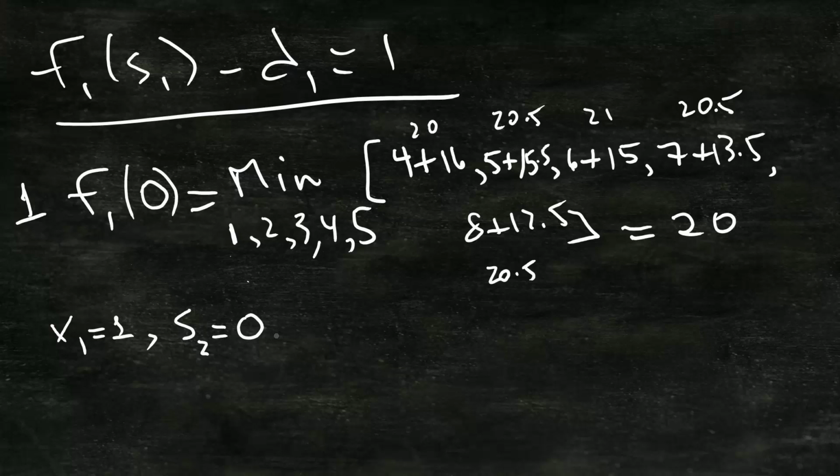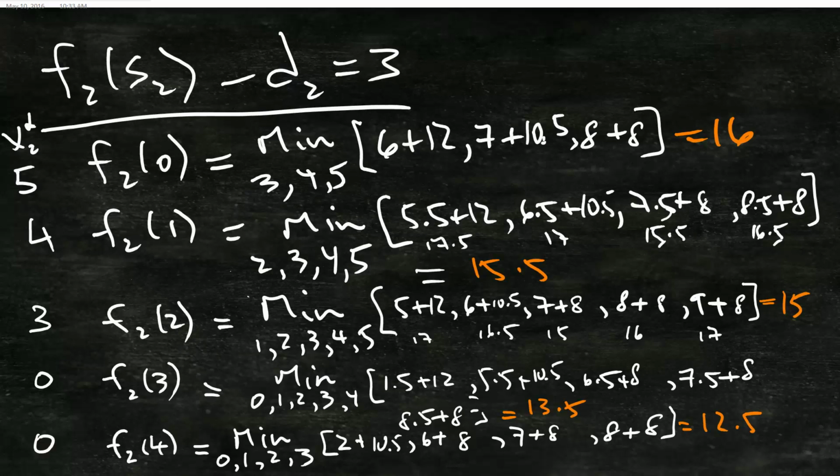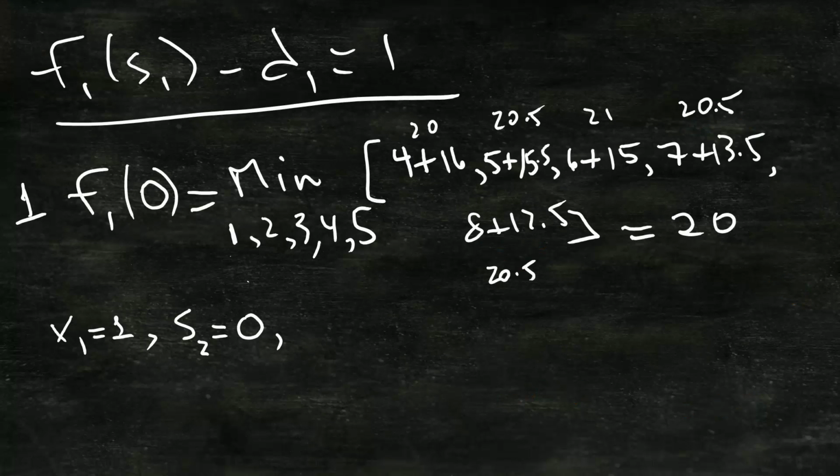Well, if that's the case, then if S2 equals 0, we look back and we produce 5. So X2 is equal to 5. If X2 is equal to 5, then S3 will be equal to S2, which is 0, plus 5.